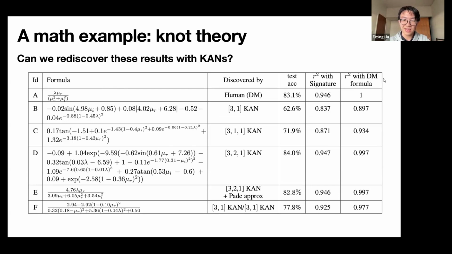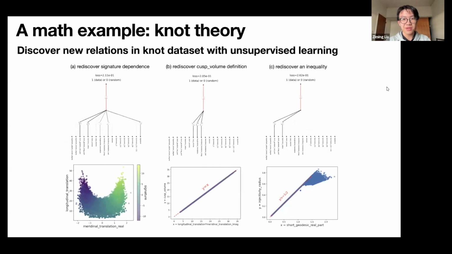And what's nice about KAN is that you can easily trade off between the complexity of the symbolic formula and the accuracy of your formula. Beyond that, we also showed something that DeepMind did not do, which is unsupervised learning. We just treat all 18 variables on equal footing, and then try to discover their interrelated relations.